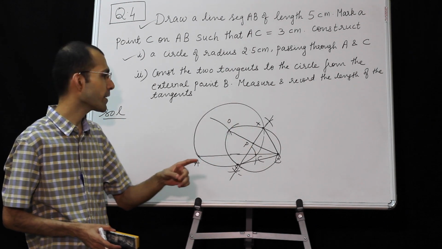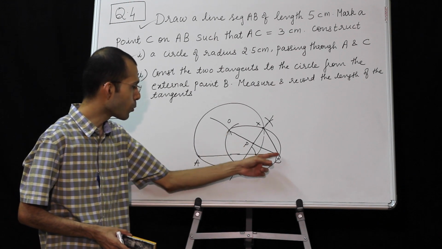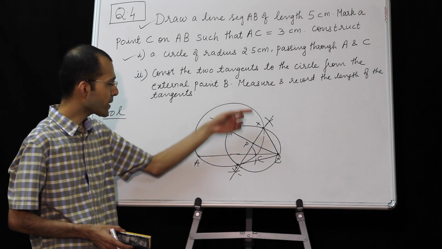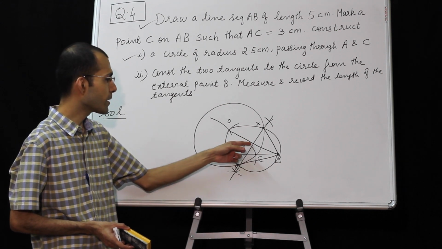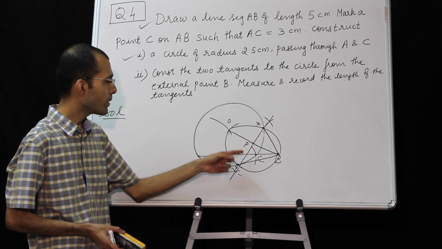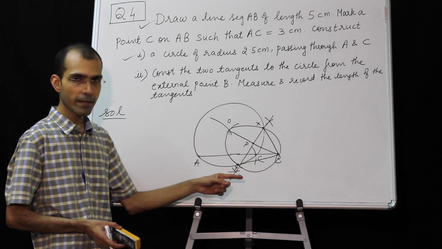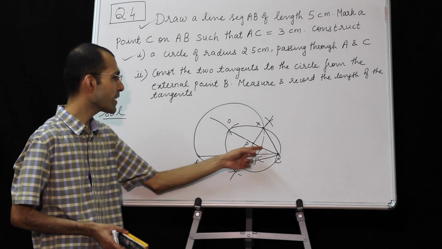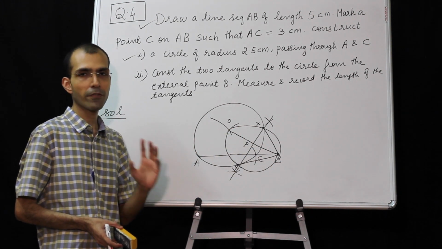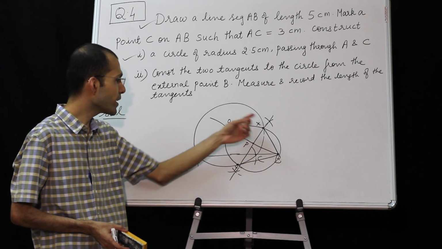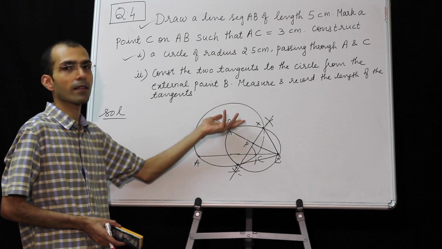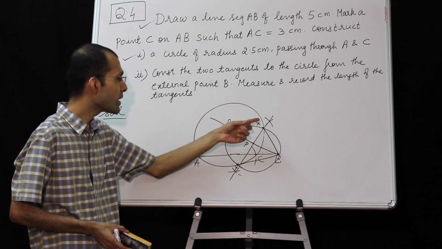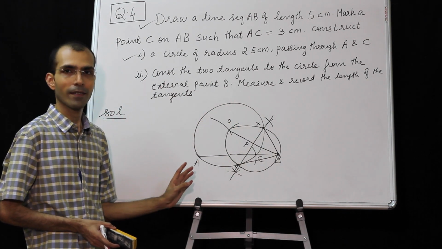I repeat once again. You join OB, take the perpendicular bisector of OB. You will get the midpoint, say P. With PO as the radius or with PB as the radius, trace out a circle, a fresh circle. The newly drawn circle will intersect the old circle at two distinct points.